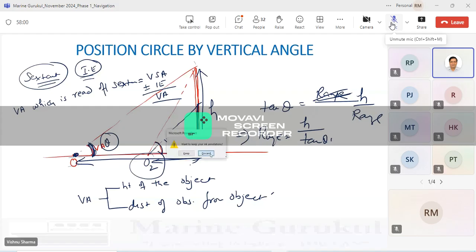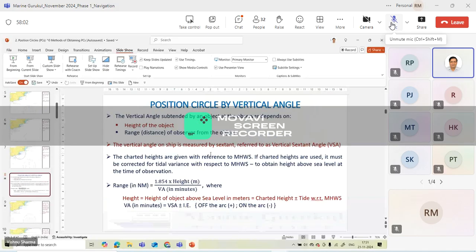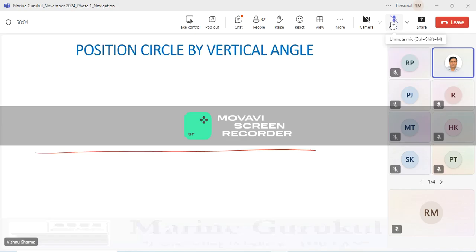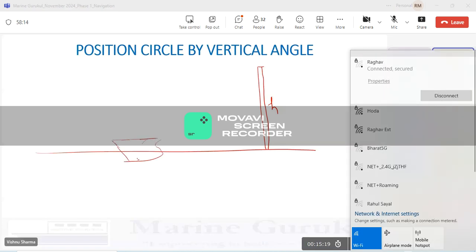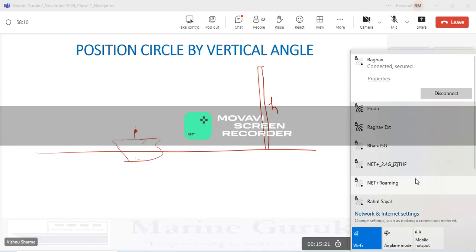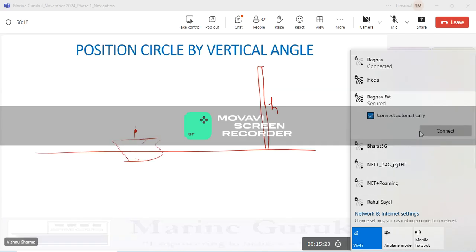So if here is the sea level, you have an object here like this of height h, and the observer is somewhere on the bridge of the ship. So he is not at the sea surface.